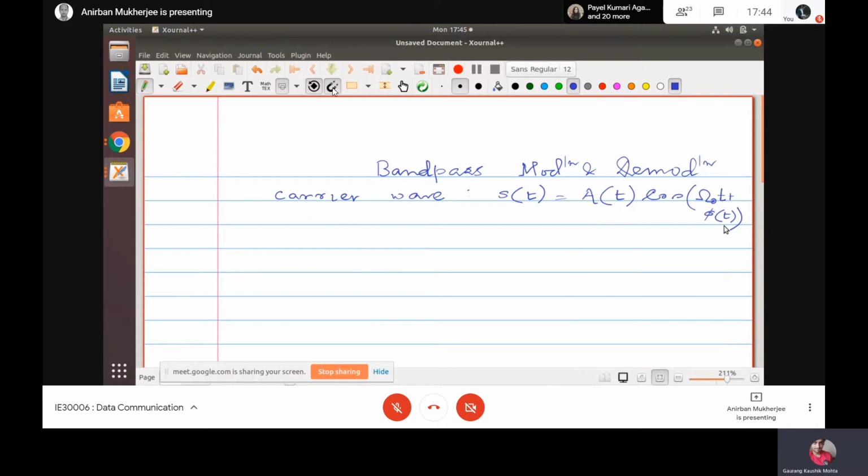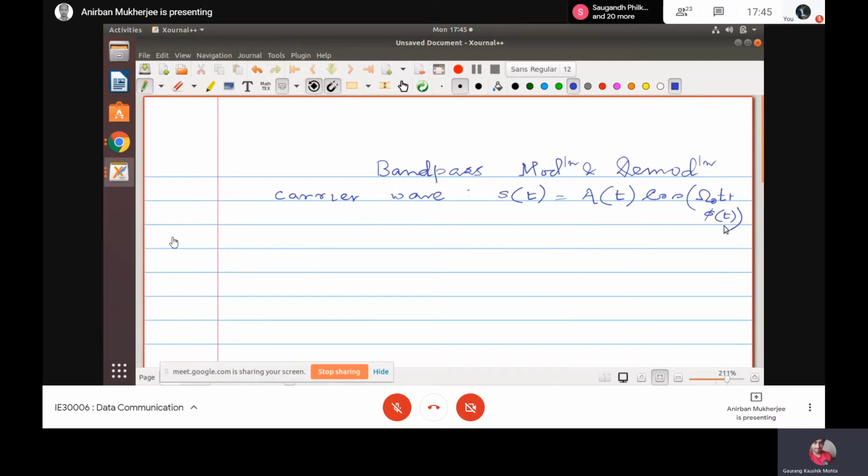Now, this one we know. Now, this is basic band pass modulation and demodulation. In analog communication, generally we talk about amplitude modulation, frequency modulation, phase modulation.